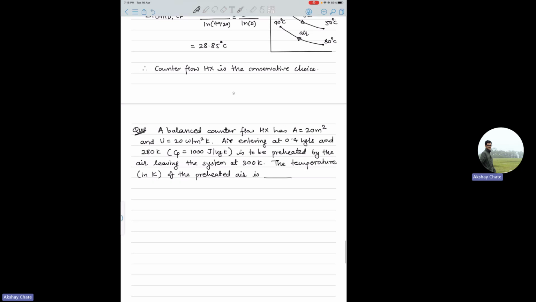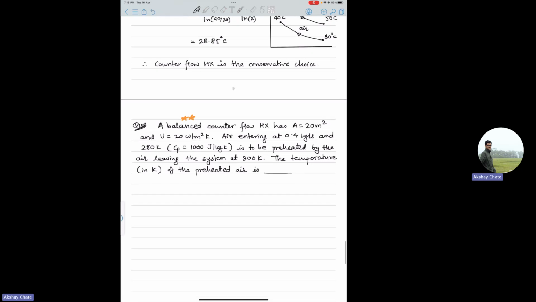So first hint is the keyword balanced. See, there is a conventional way to solve this question. It's not like you should know only that balanced counter flow heat exchanger derivation, etc. But if you don't know, see, they have not mentioned at what mass flow rate the hot air is leaving.